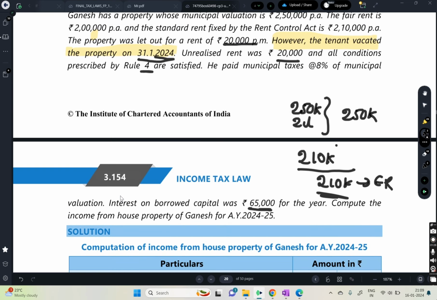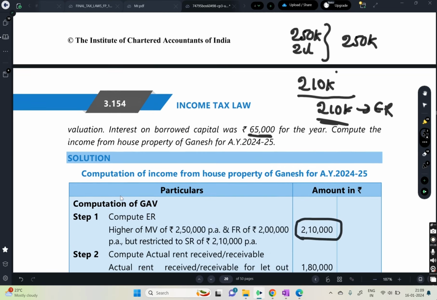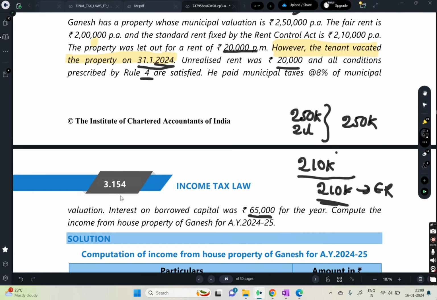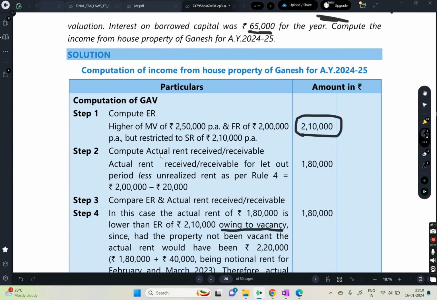Can you calculate and tell? 20,000 into 10, it will be 2 lakhs. 2 lakhs minus unrealized rent, which they have given in the question itself, 20,000. So 2 lakhs minus 20,000 becomes 1,80,000.